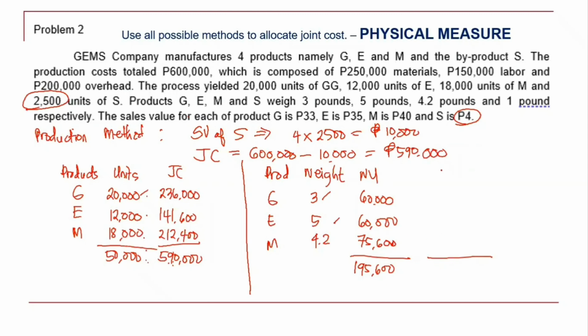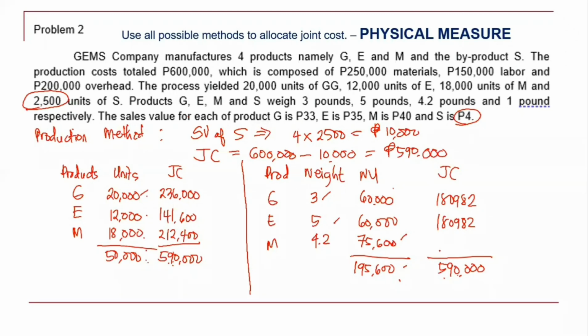Magkano i-allocate natin na joint cost? That is 590,000. Ayun. So 590 times 60 over 195,600, that's 180,982. Pare sila, 180,982. Magkano kay M? 590 times 75,600 over 195,600.